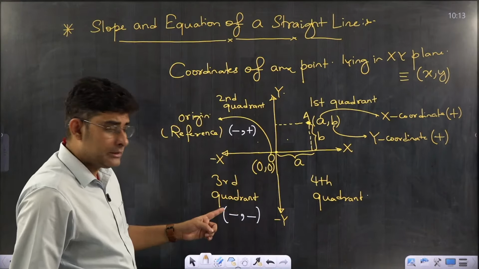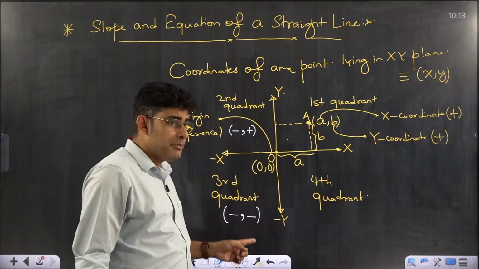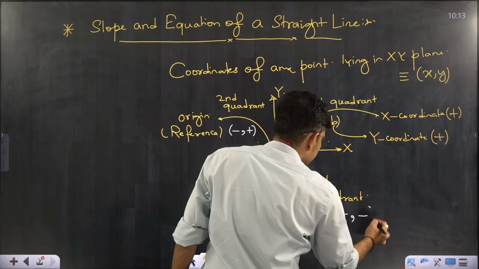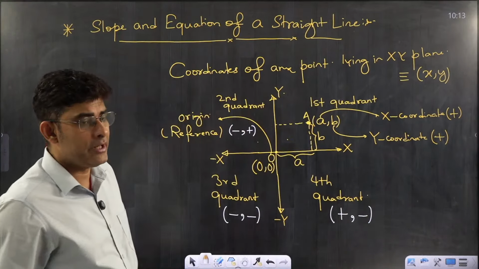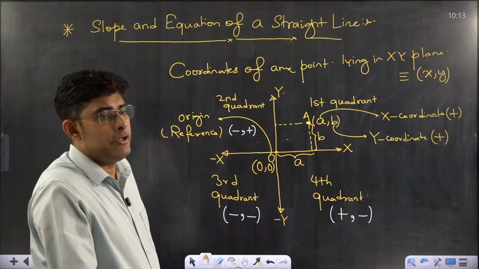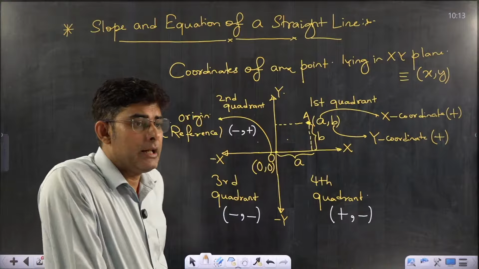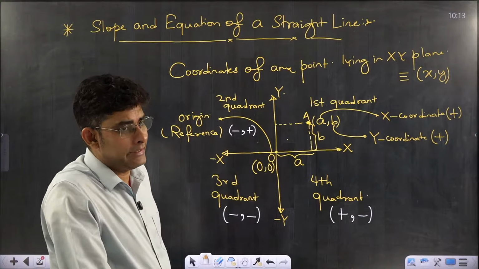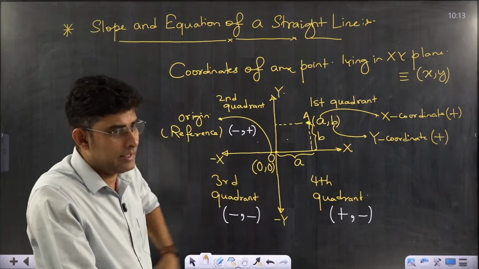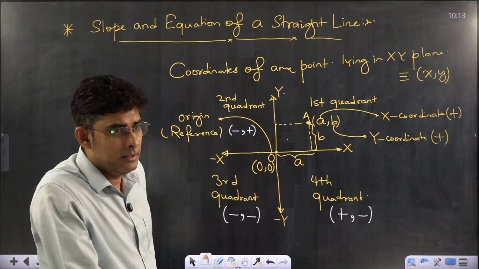And whenever you are talking of any point in the fourth quadrant, then x is positive whereas y is negative. So you should be very sure whichever quadrant you are talking of, you have to see whether x or y are positive or negative, and according to that we give the signs. Apart from that, the distances are simply indicated like this, A and B. What is A and B? You can see over here.